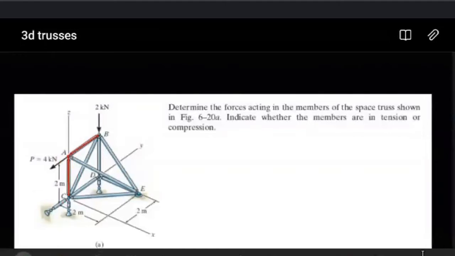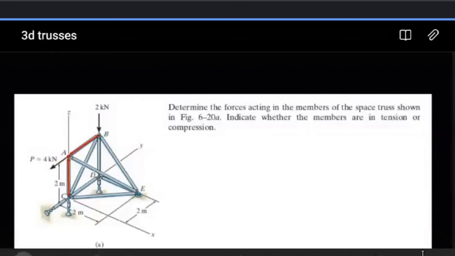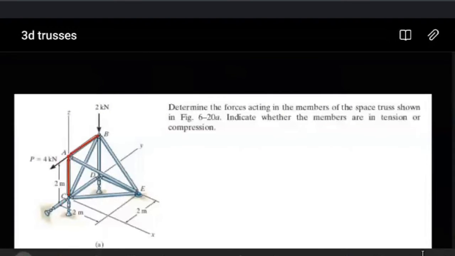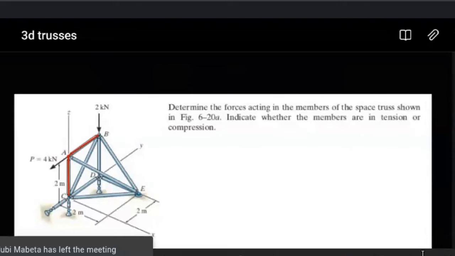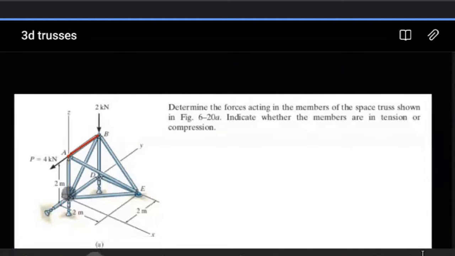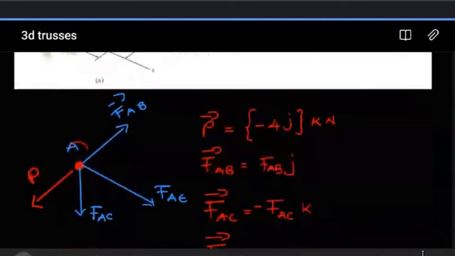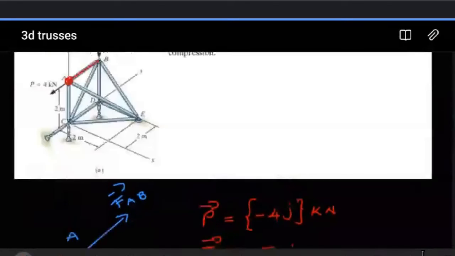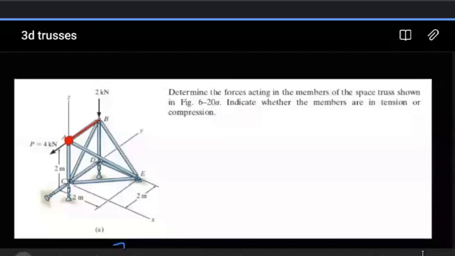Okay, who can answer this for her? Is it because we're looking at the joint A? Exactly. So we're not starting from C. Everything is happening at the joint A. So observe where my point is. We're starting from here.